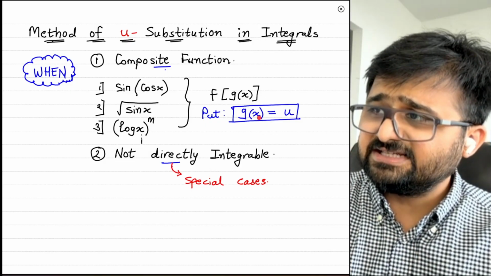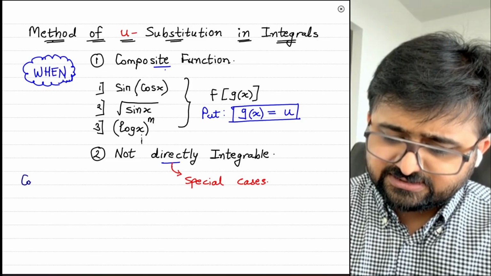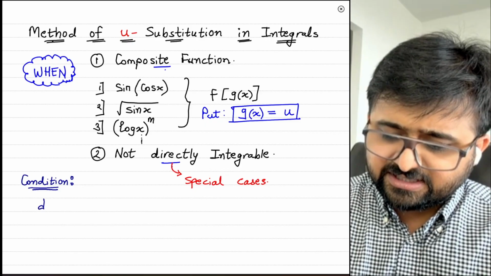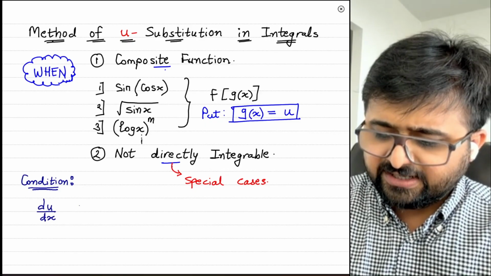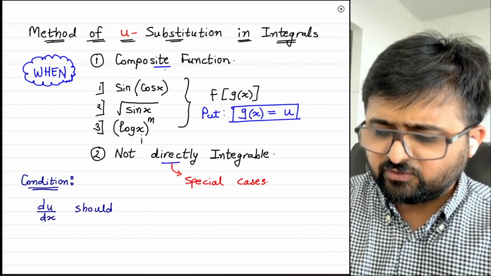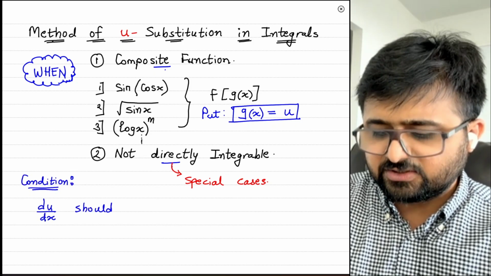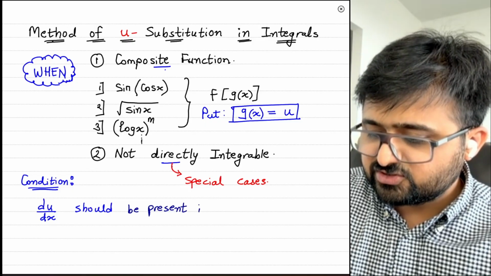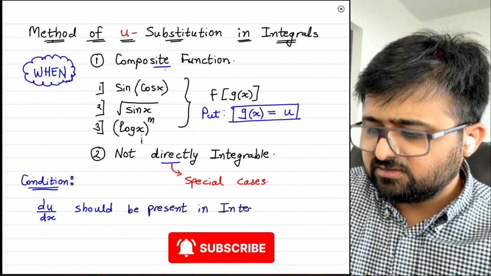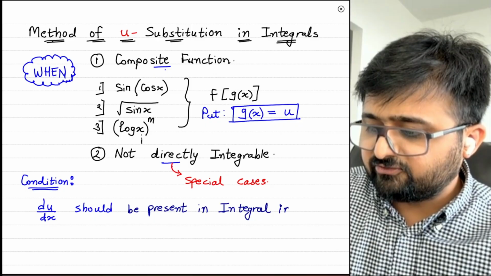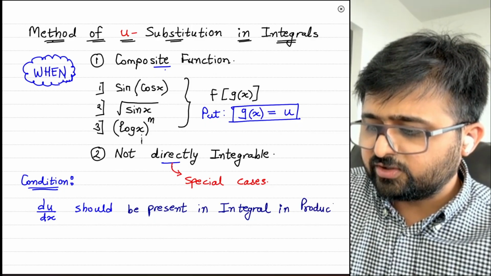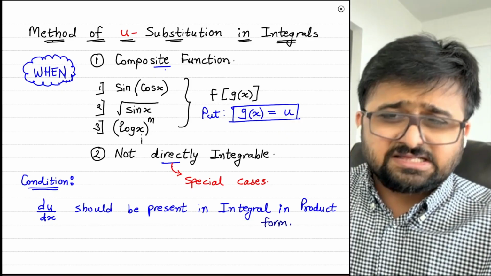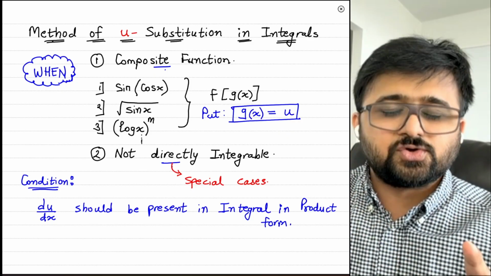When you put g of x equal to u, the condition says that the derivative of u with respect to x should be present in the integral, in the product form. It shouldn't be present in the denominator. It should be present in the product form. And this is what nobody is going to ever teach you on the entire YouTube.